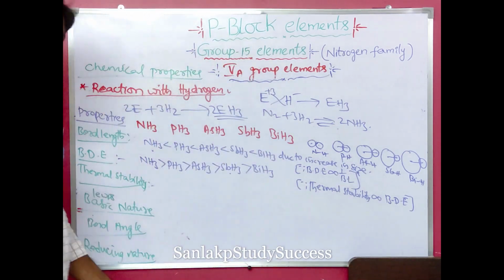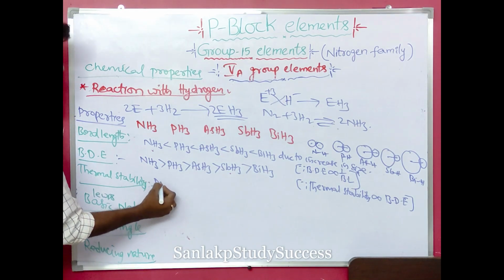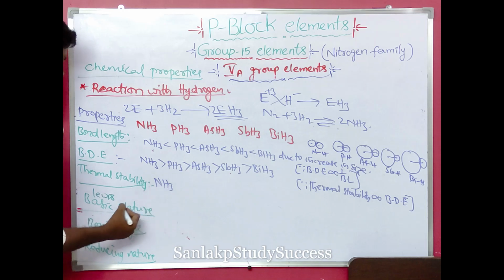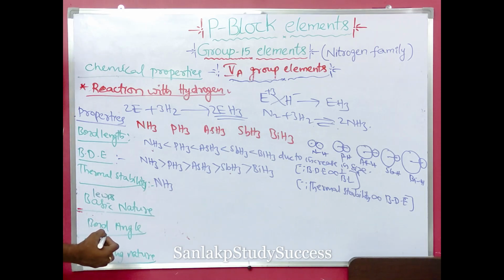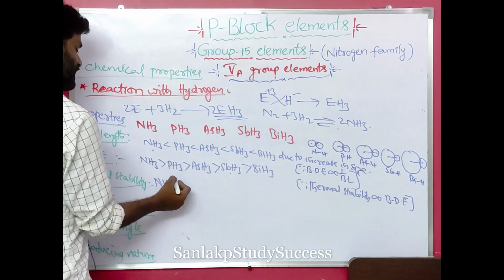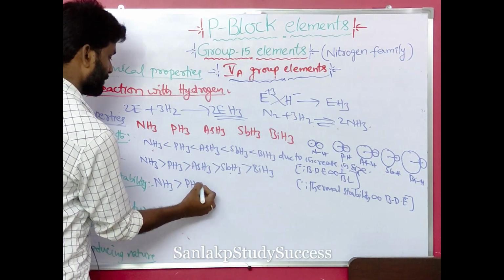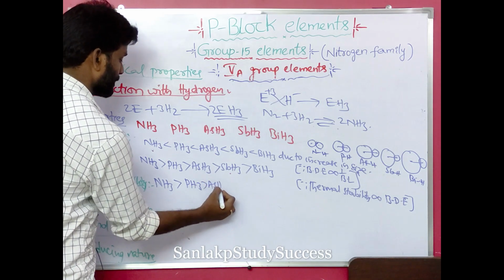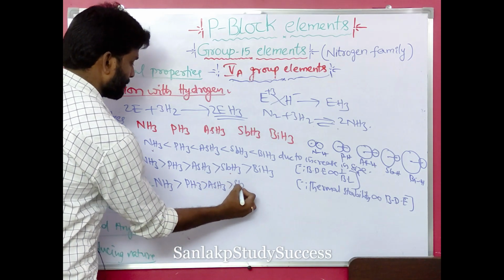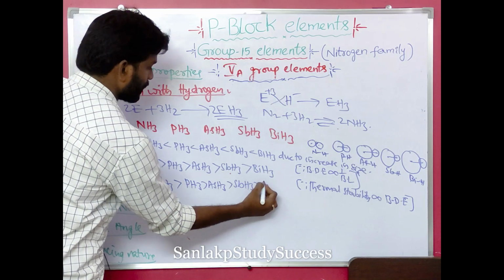If the bond dissociation energy is more, its thermal stability is more, and its reactivity is less. So which has more thermal stability? Ammonia. So the thermal stability decreases from NH3 to BiH3. This is the order.